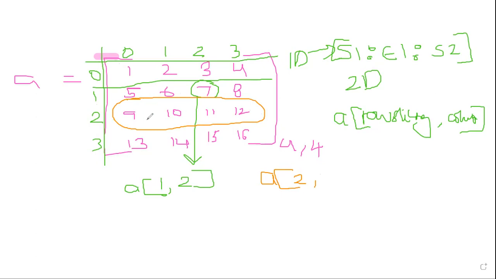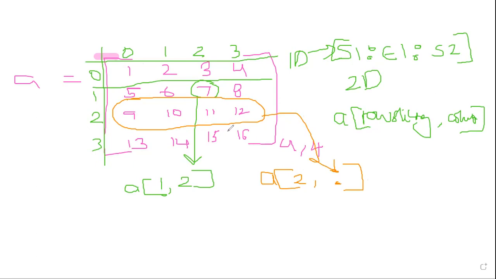So simply we can say colon. If we say colon, we are accessing all the column elements. So it will give you an output of this complete row.